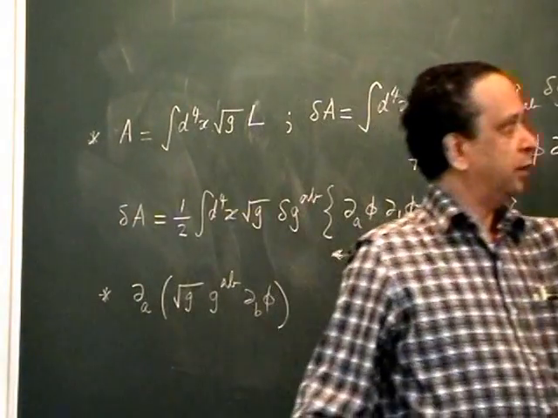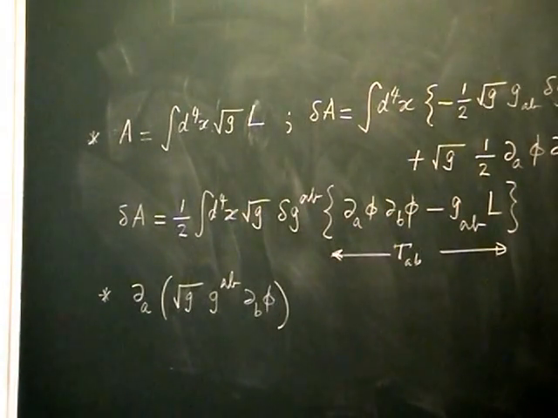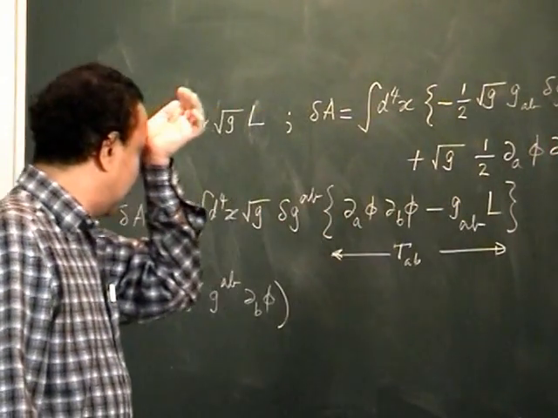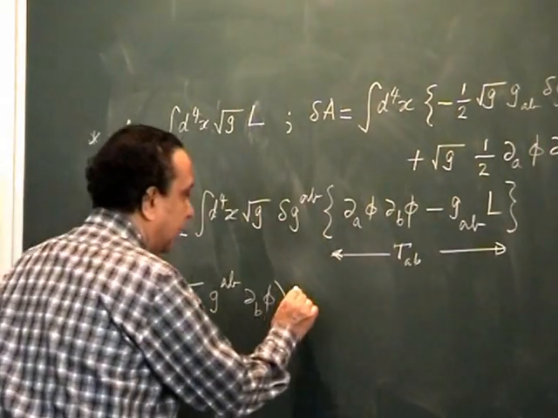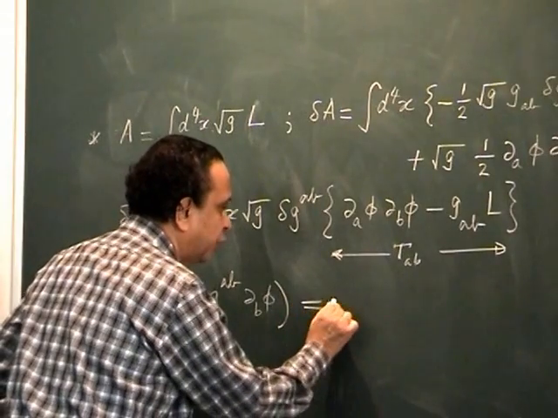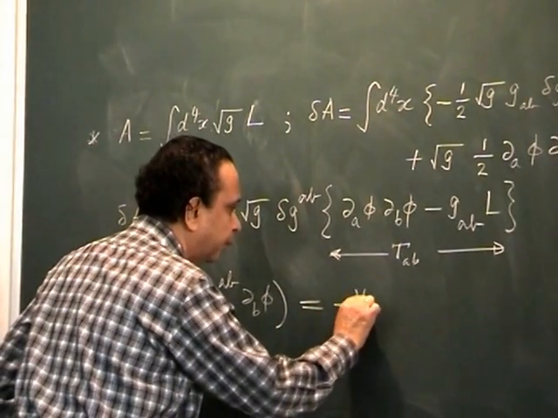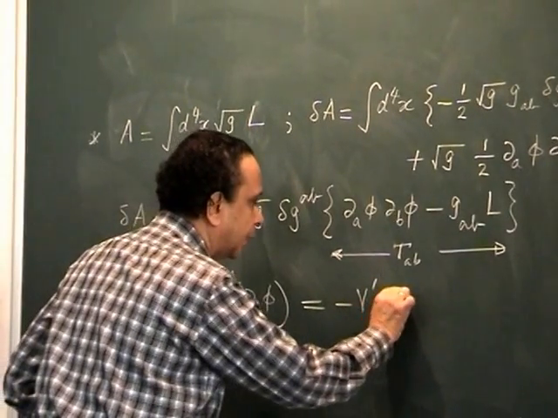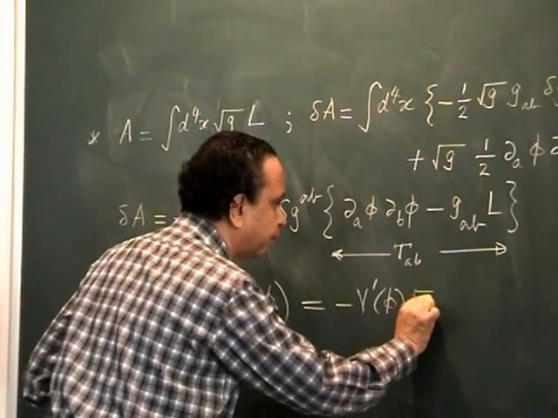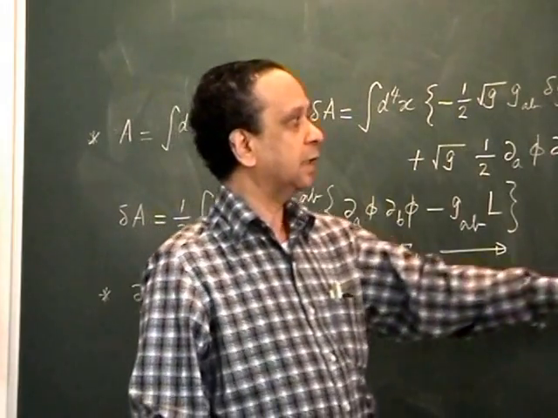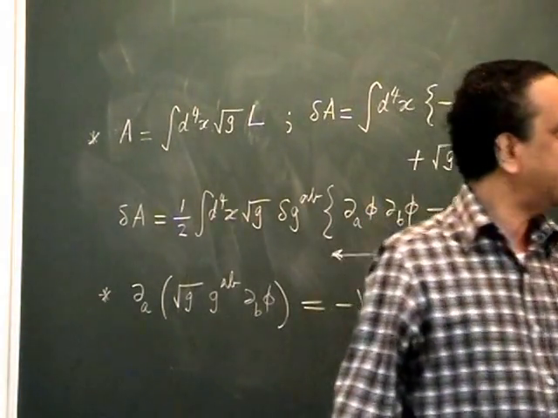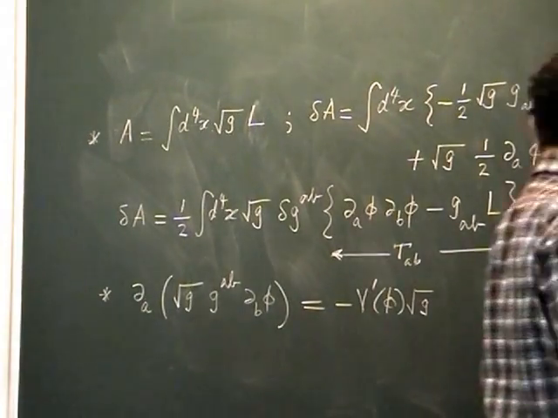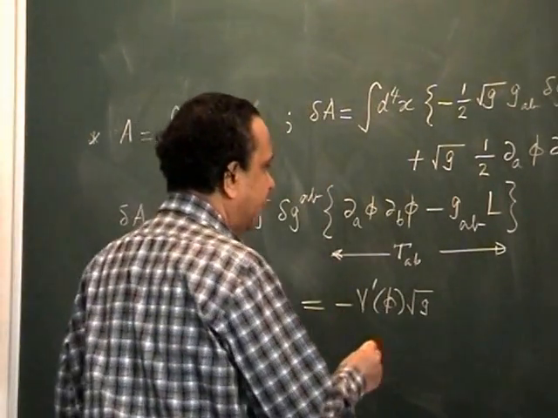Root minus g comes from this, g^AB ∂_B phi once I have differentiated with respect to the field derivative. So the derivative of this is equal to the derivative of the Lagrangian with respect to the field, which is just V prime of phi times root g. So this root g again comes from here. Root g, then there is a V, it is the derivative of V which we are computing with the minus sign.